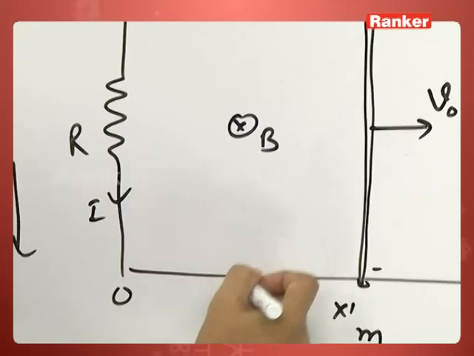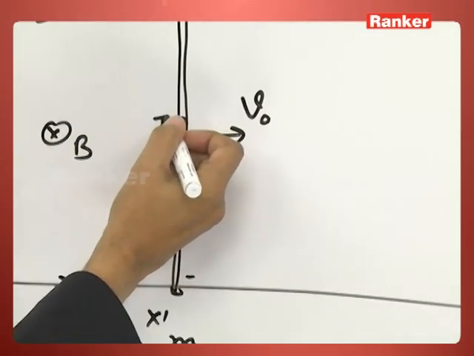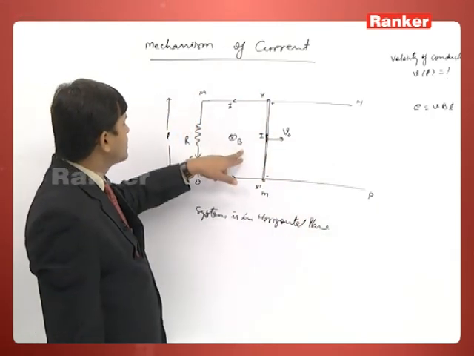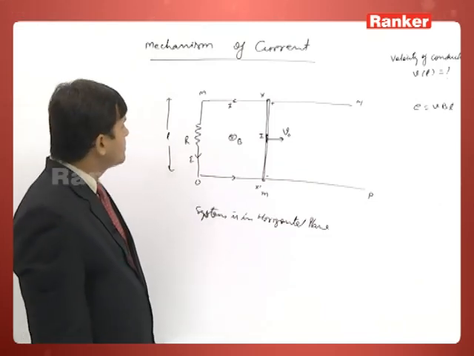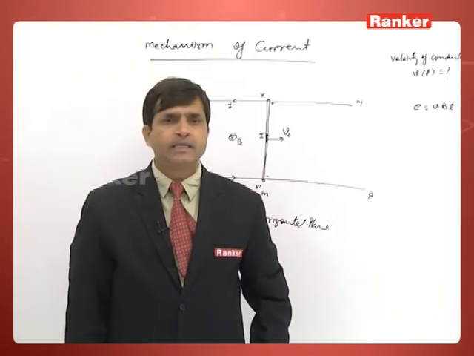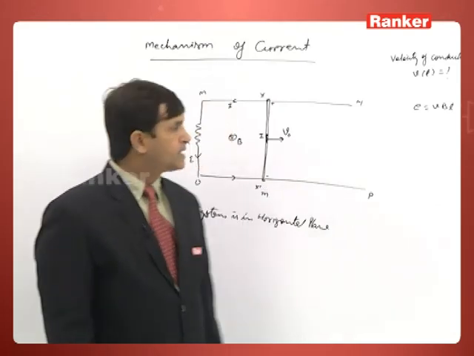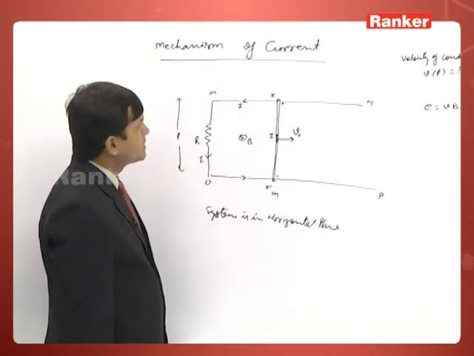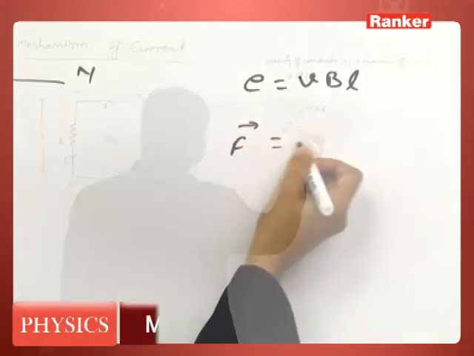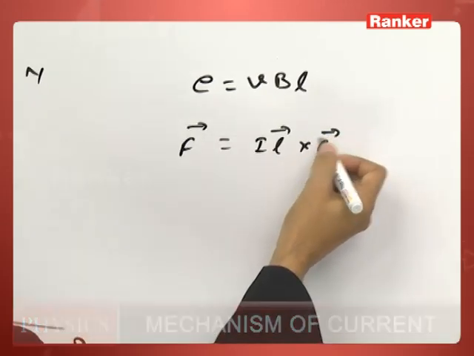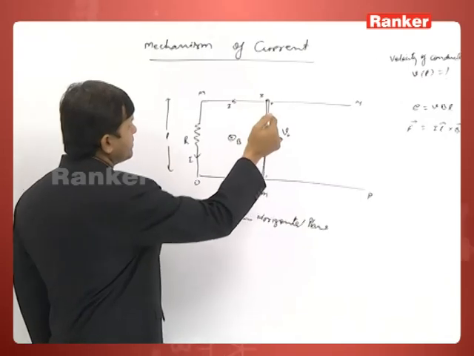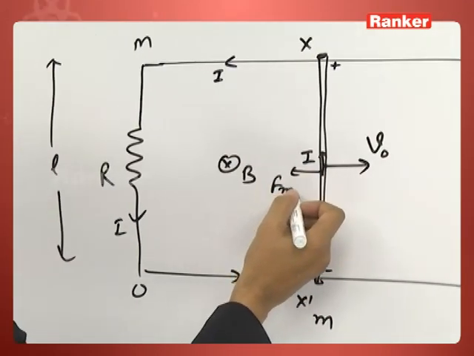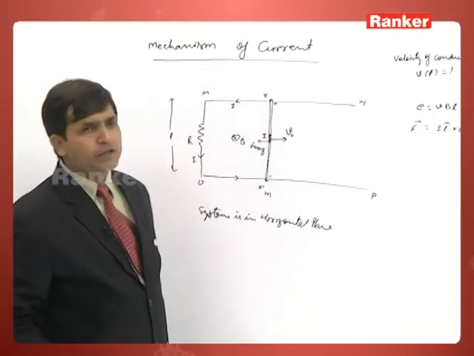This current goes through the conductor also, so the conductor is now a current carrying conductor placed in a magnetic field, and there is a chance of magnetic force on it. Current is in this direction and the magnetic field is inward, so according to F equal to I L cross B, the magnetic force is leftward, opposite to the velocity v naught.